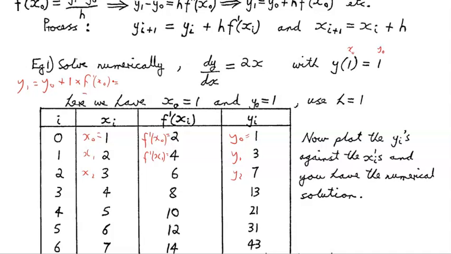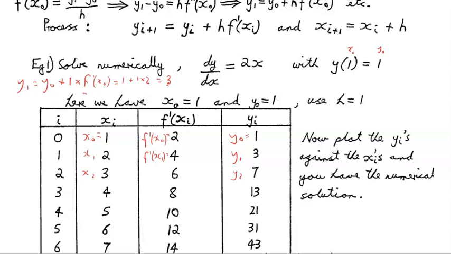Okay, so y0 is 1, plus 1 times f dash of x0. x0 is 1, put that, so that's 2. So y1 gives me 3.